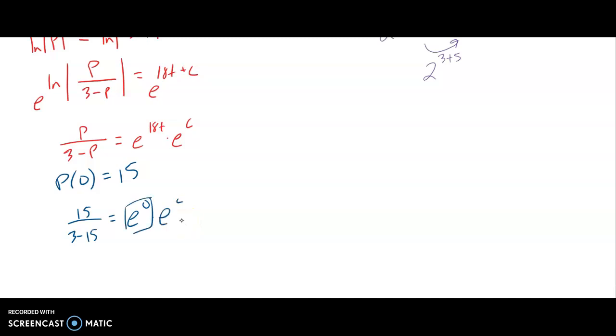This right here is 1, so really what I get is that e to the c is equal to 15 over 3 minus 15. So I get 15 over negative 12, which simplifies, both are divisible by 3. So we get 5 over 4 that's negative. I was checking because I didn't remember that from my solution set, but that's correct. We're doing it right there.